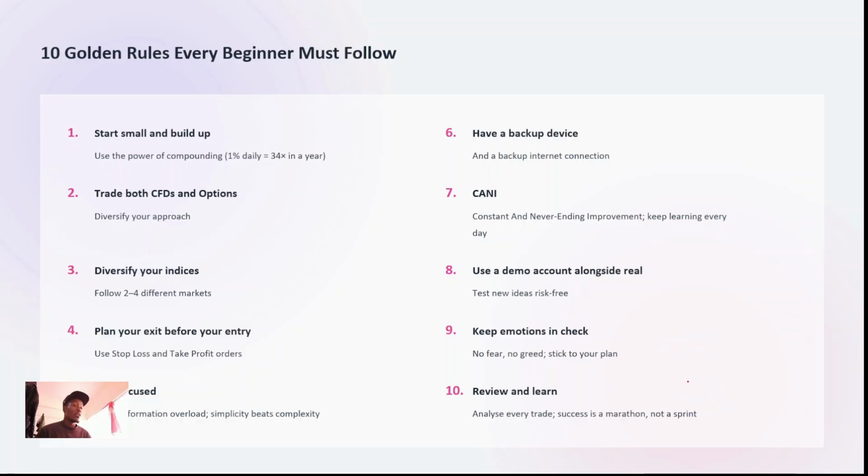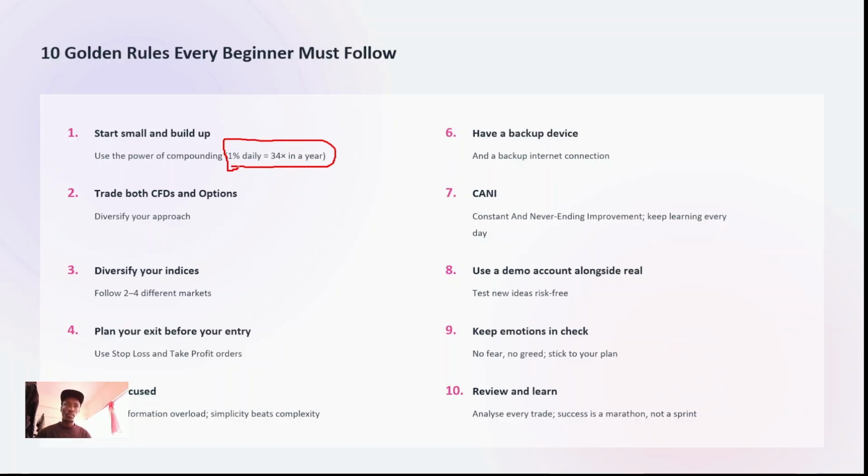This rule is really strong: 1% daily equals 34 times a year. So every day in the market, make sure you follow your risk management. Never risk more than 2% daily. I would also recommend 1% minimum, and 2% maximum, right?